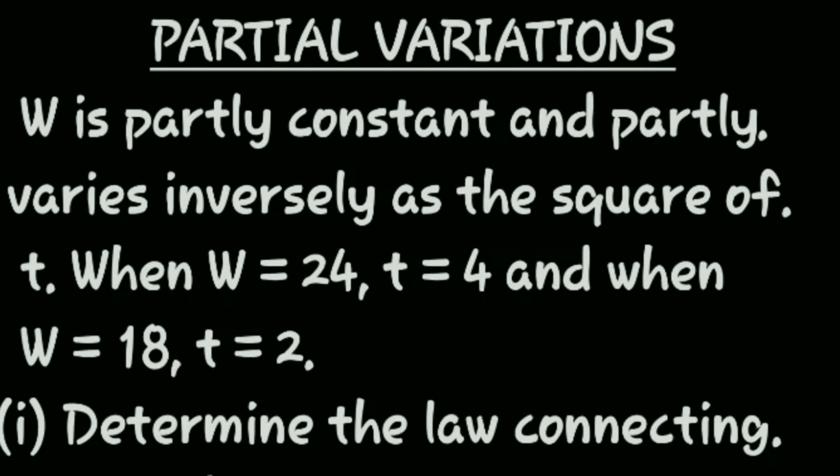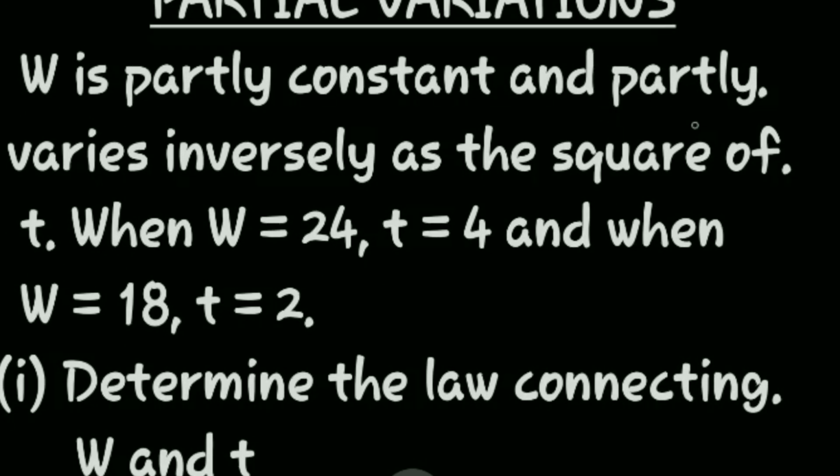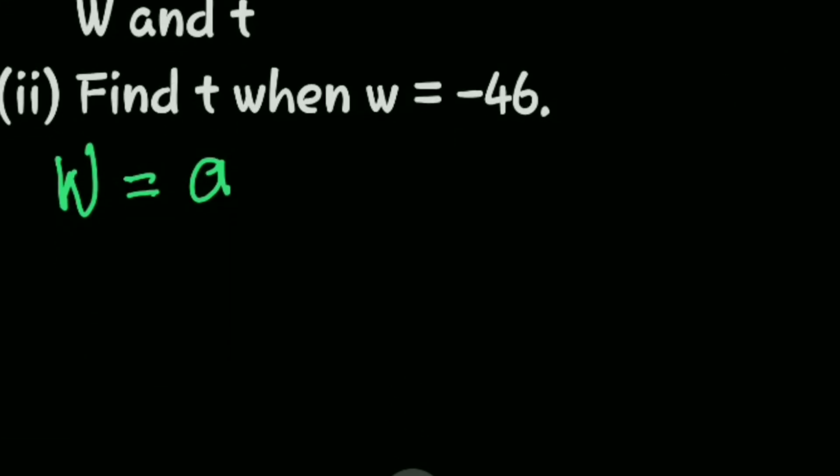So we have this. W is partly constant. So we introduce a constant term, A. W is partly constant and partly varies as the square of T. So we have partly varies plus partly varies.